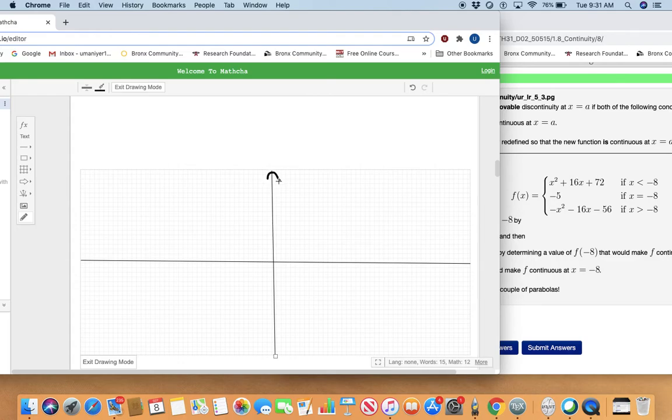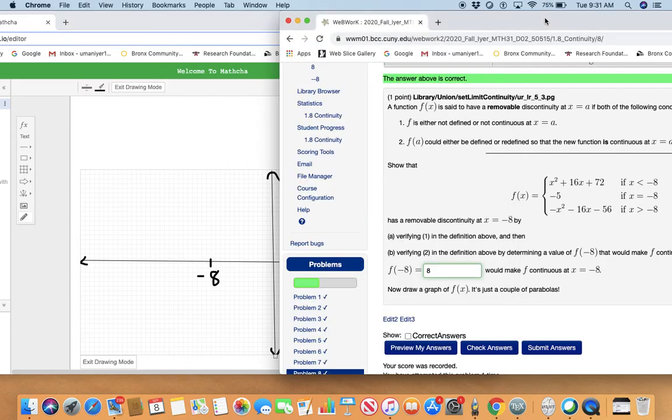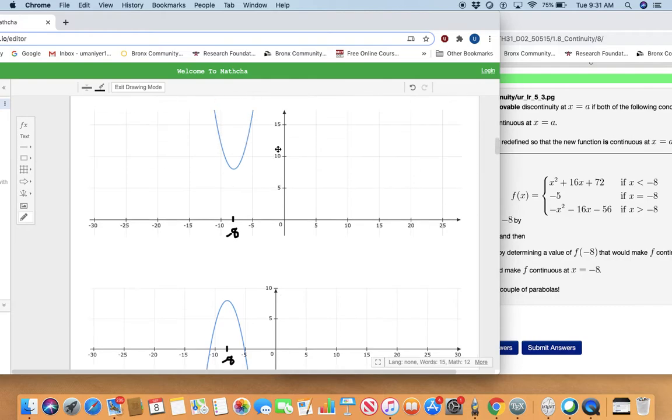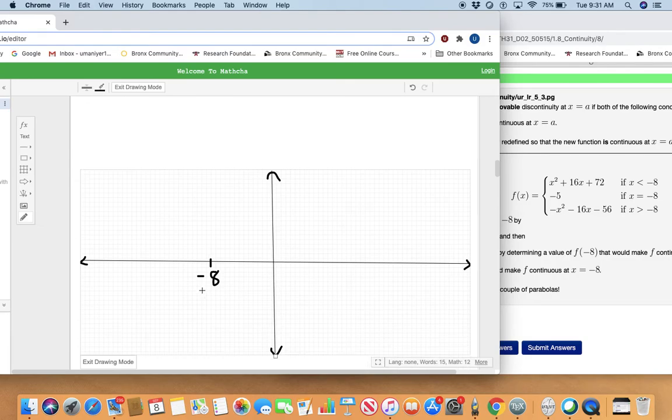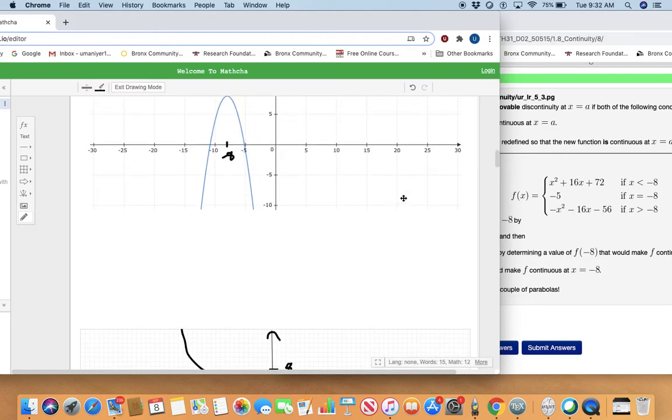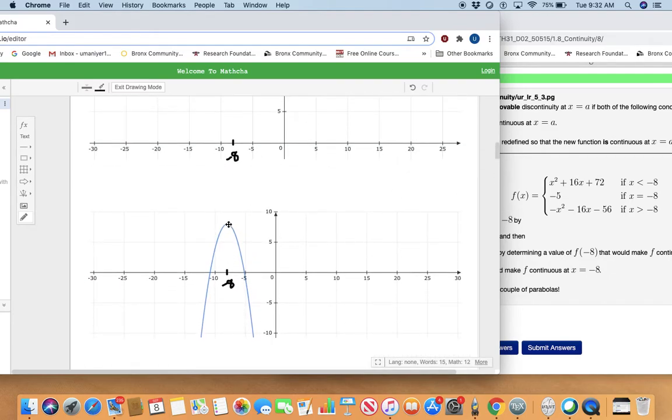So these are our axes, but more importantly, -8 is an important point. So somewhere here is -8. To the left of -8, that's your graph. So the limit being 8, to the left of -8, that's your graph. To the right of -8, that's my graph.